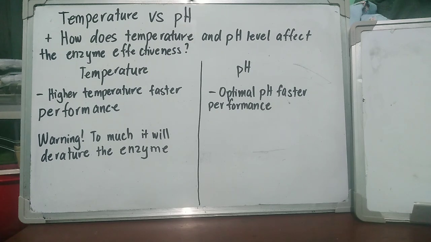If you put them into acidic condition, hindi sila masyadong effective as an enzyme. So, yun lang yung answer na question na ito. So, how do temperature and pH level affect the enzyme performance? Simple, higher temperature, faster performance, but too much will denature the enzyme, and at optimal pH, the faster the performance.